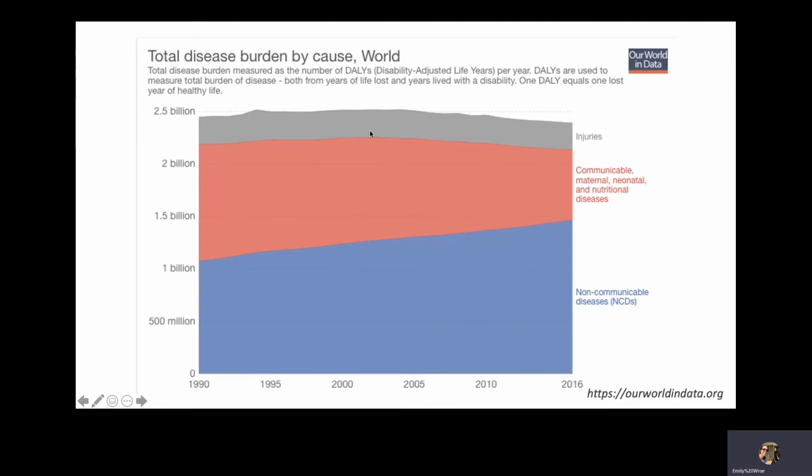And you can see the relative contribution of those to the global population over time, and how NCDs are increasing proportionally, and that we've made some progress on the communicable, maternal, neonatal, and nutritional conditions. But one thing that's really important is we have to look at things over time among specific populations to really understand what programs we need to put in place to respond.